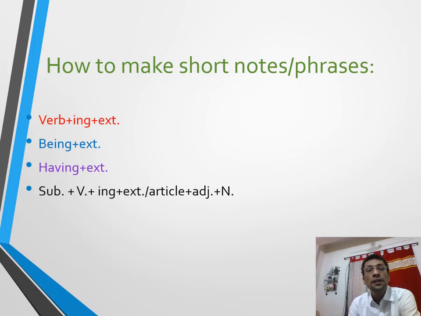This is one option, or you can use being plus extension, or having plus extension, or subject plus verb plus ing plus extension, which can make it a noun phrase, or you can use noun plus adjective plus information, so you can make an adjective phrase. So remember, there are 4 strategies or structures I have already shown in this slide. You have to use the structures accordingly, and of course it depends upon the context and the grammatical structure of the extract that you will be following. Let's go to the next slide.